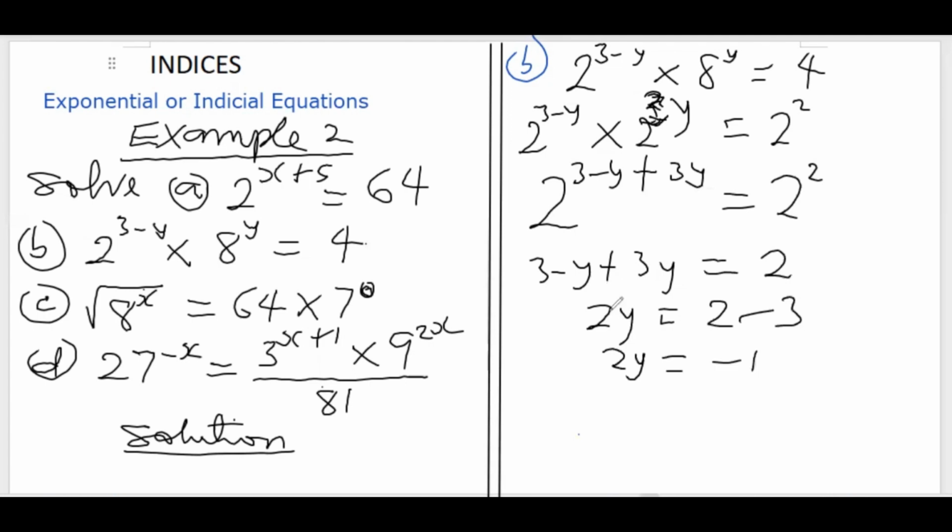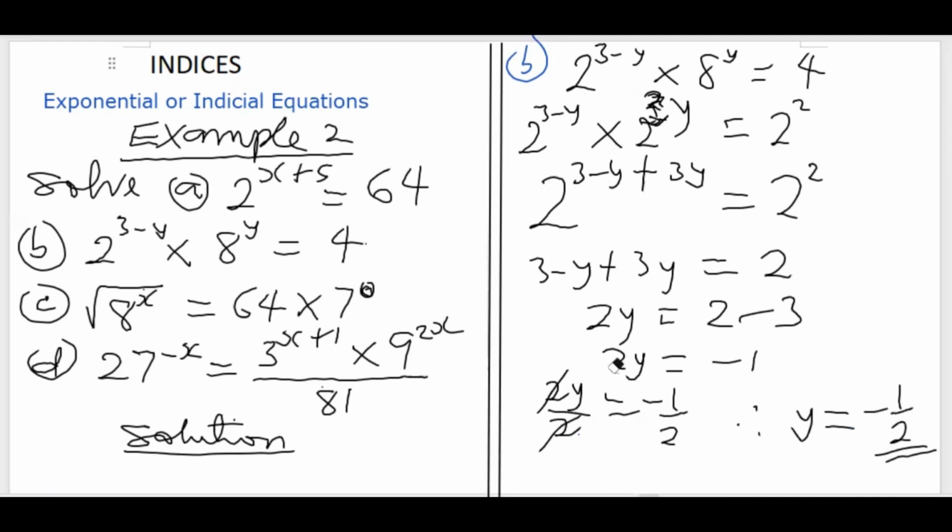To get the value of y finally, we remove this coefficient of y. Since this coefficient multiplies the variable y, you divide both sides by it, you do the opposite. So we get 2y over 2 equals negative 1 over 2, and hence y equals, because these 2 will cancel out, minus 1 over 2. That's the answer to the B part.